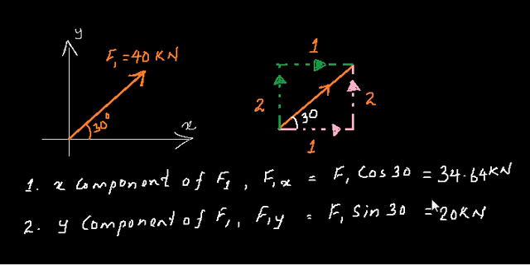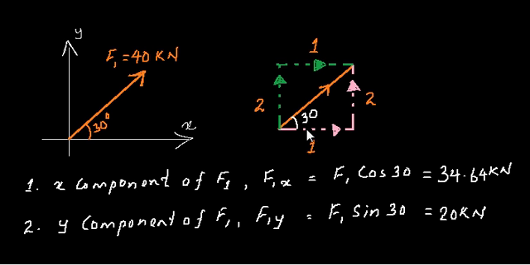So it is as simple as that. Just take the cos component of the angle, multiply with the force, and you will get the x component of the force, and take the sine of the angle, multiply with the force, you will get the y component of the force. The resultant of these two forces will be 40 kilonewton acting at 30 degree. So that is the concept.